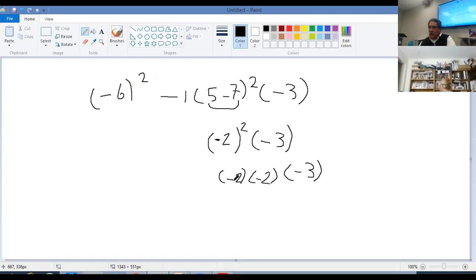Yeah. Okay. Minus 2 times minus 2, or you can go this way, it doesn't matter. Let's go this way, for example. Minus 2 times minus 2 is plus 4. Yes? Yeah. Now I have minus 3. 4 times minus 3 has different signs, so minus 12.